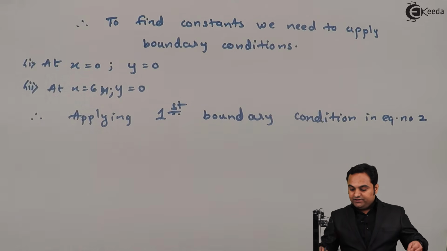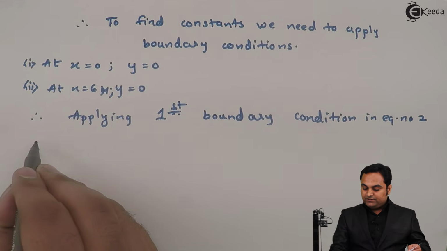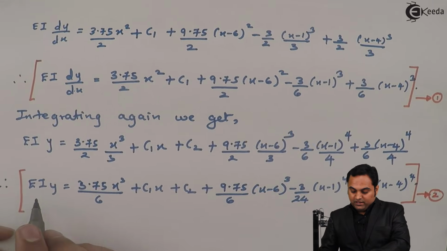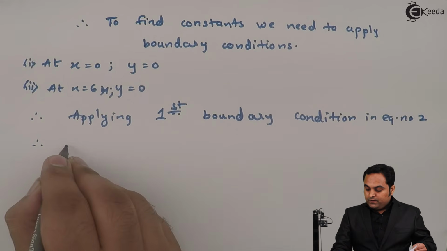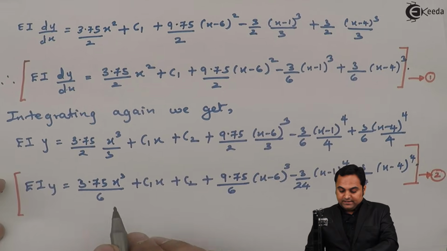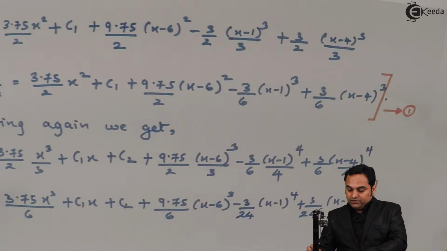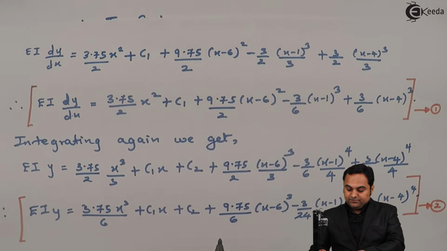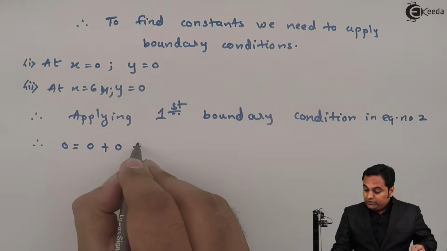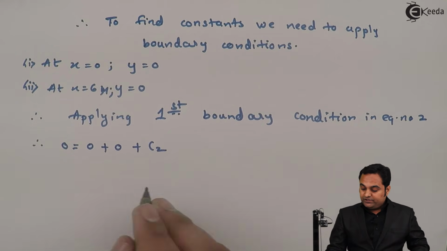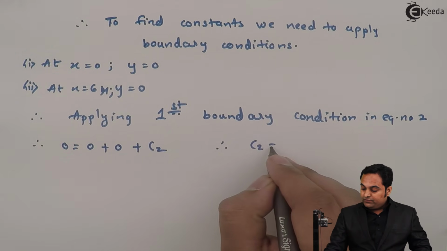The first boundary condition is at x is equal to 0, y is 0. So here we have y 0, so left hand side 0 is equal to x is 0, so this first term is 0, plus c1 into x, this is 0, second term is 0. We have to reach only up to c2 for the first boundary condition, so therefore c2 is 0.